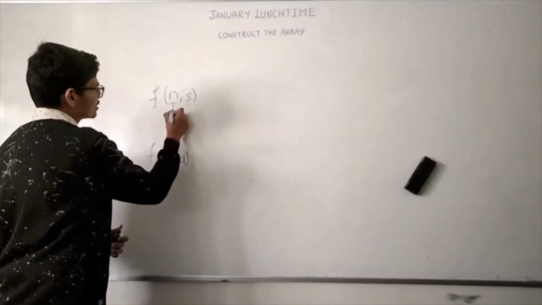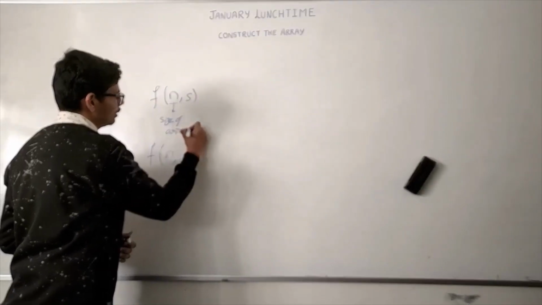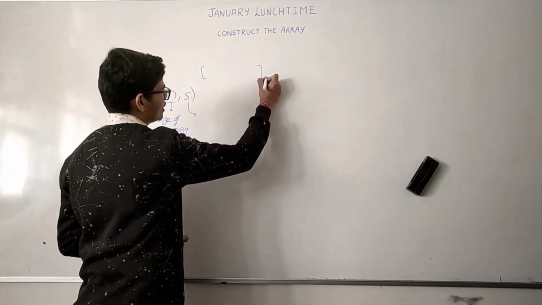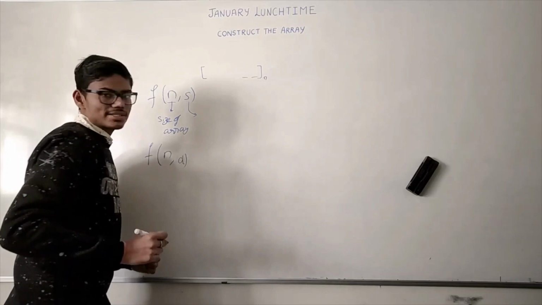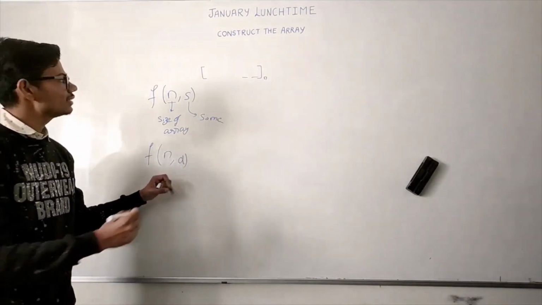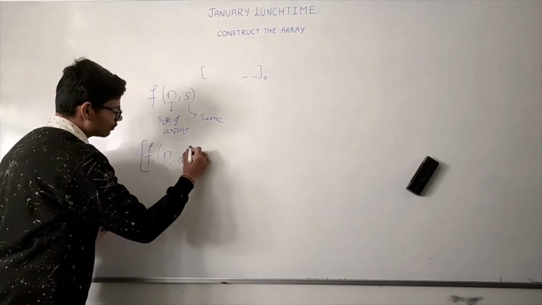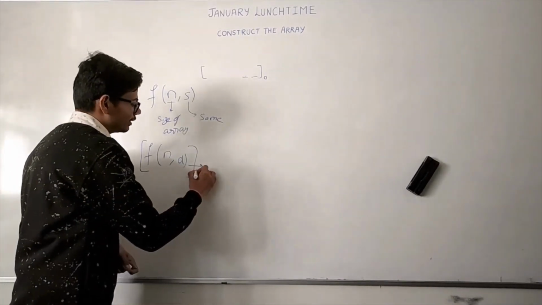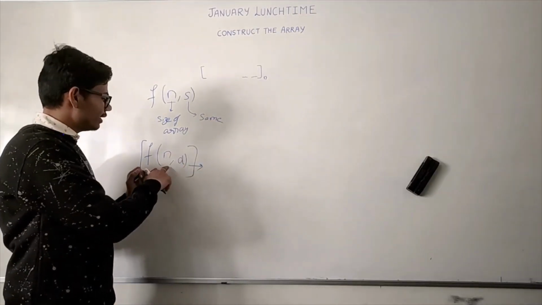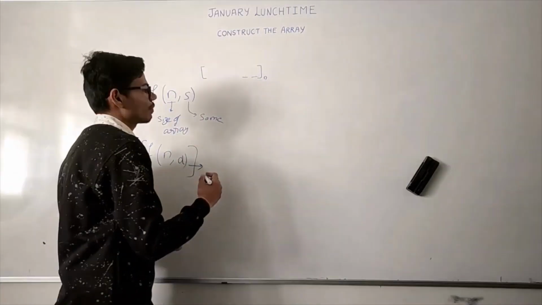Here n represents the size of the array and s represents that if we have constructed an array of size n, then last two elements of this array are same. Similarly, here d represents that the last two elements of this array are different, and the value of f of n comma d represents the total possible combinations of such kind of an array of size n in which last two elements are different, and here the last two elements are same.